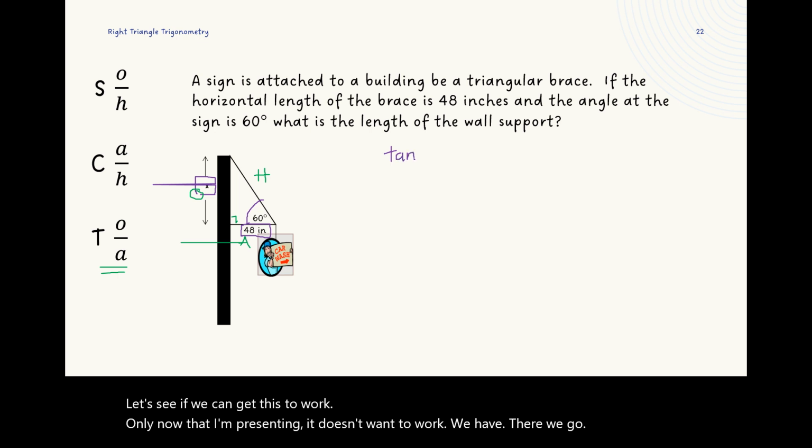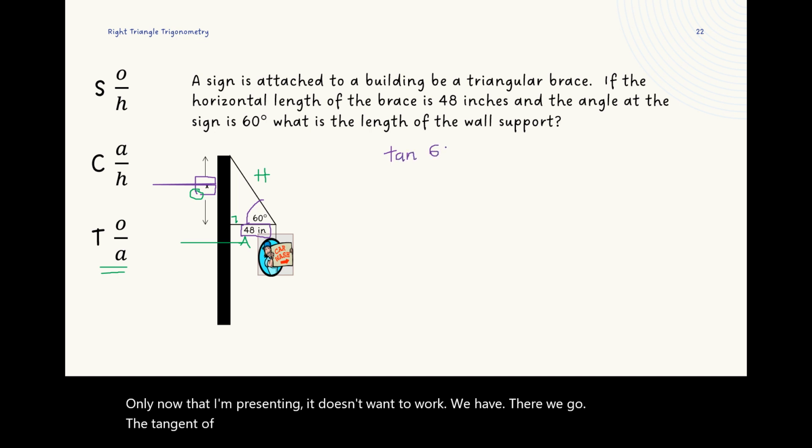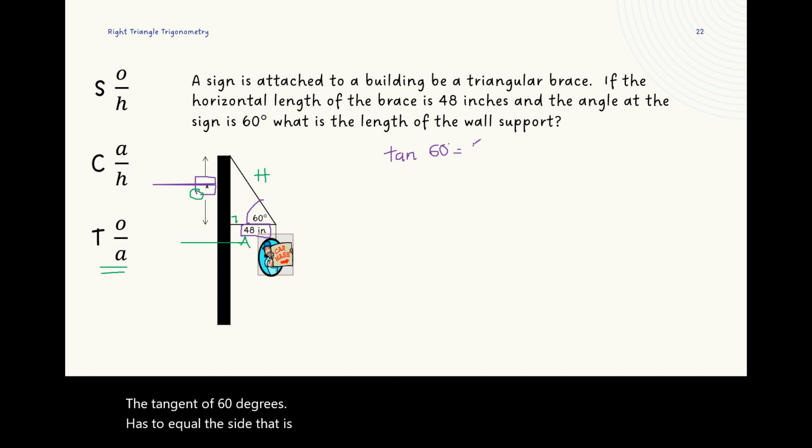The tangent of 60 degrees has to equal the side that is opposite, which is X, when compared to the side adjacent, which is 48. I'm going to rewrite this as a proportion. Tangent of 60 over 1 is equal to X over 48.